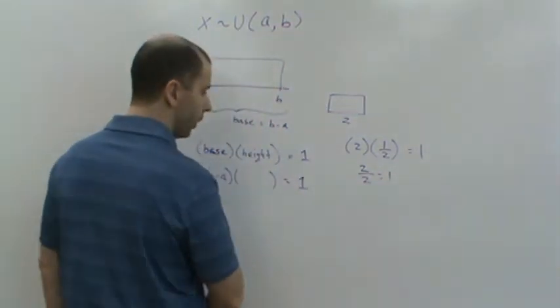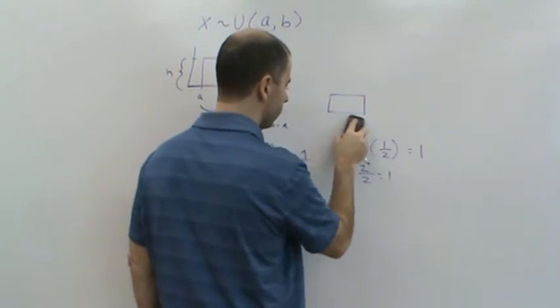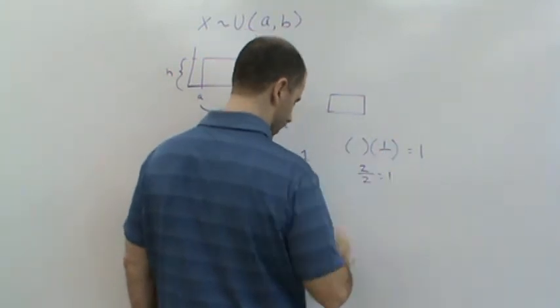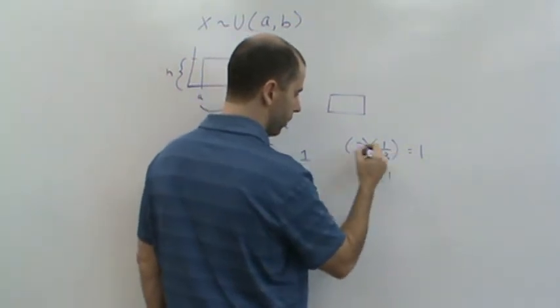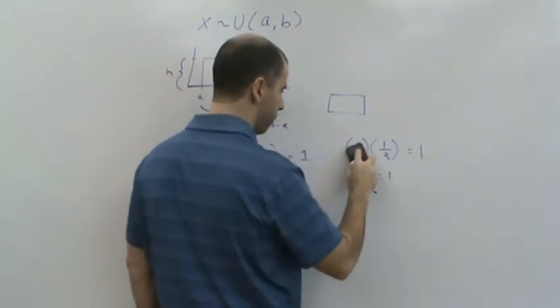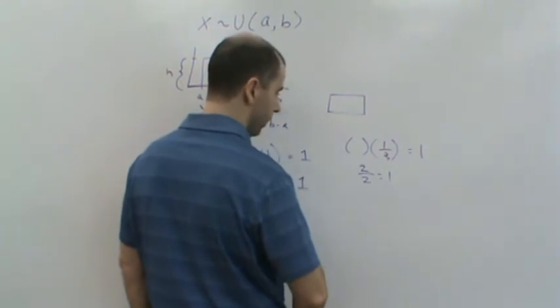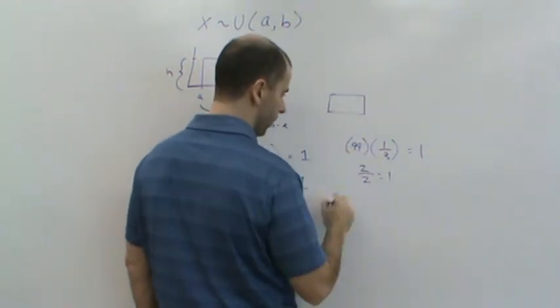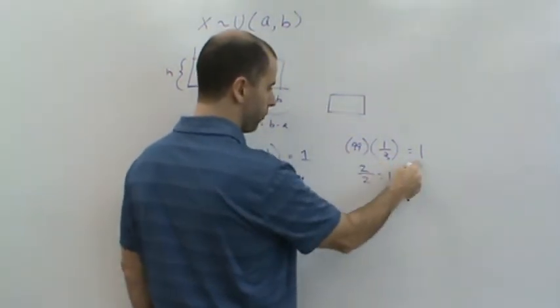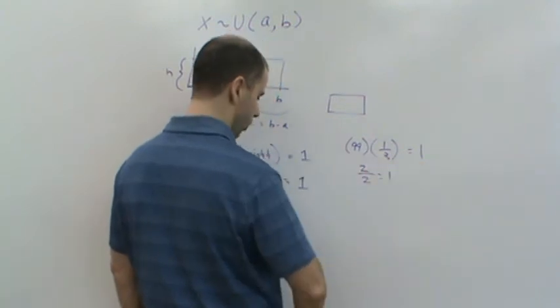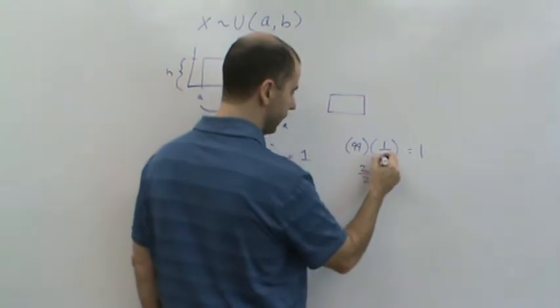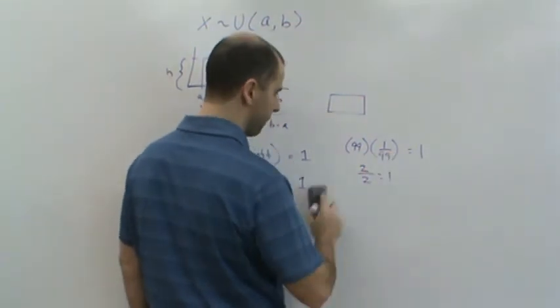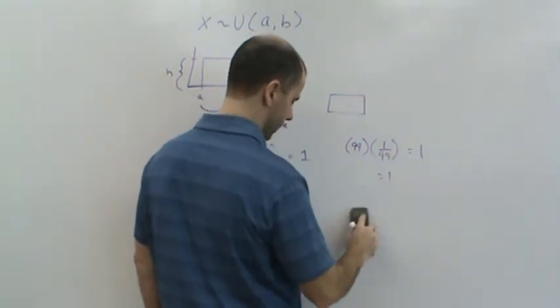And so, what if I put in 3? If I put in 3, what has to go here? 3. If I put in 99, what has to go here in order for this to equal 1? Well, it'd have to be 99, right? Because what happens if I multiply across?